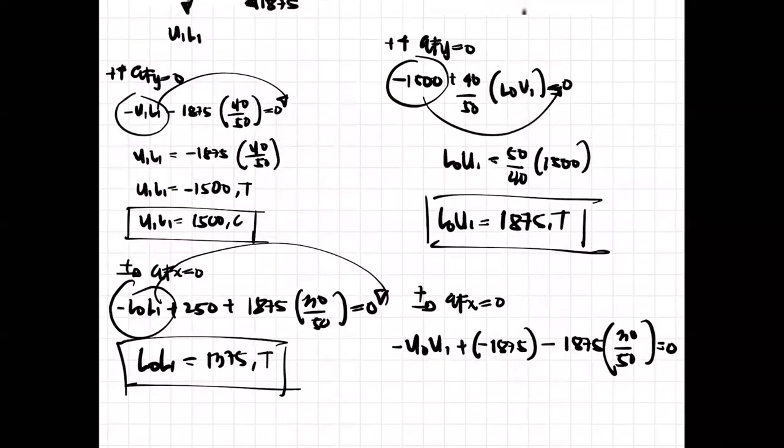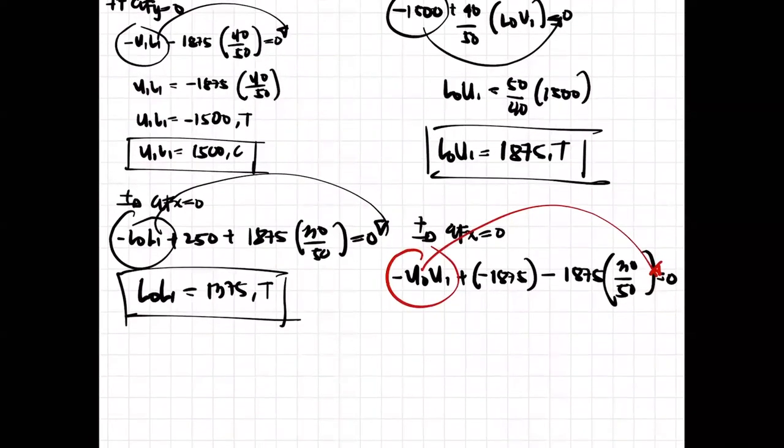Is equal to 0. So what gonna do is, no, transpose natin yung UOU1 to become positive. UOU1 is equal to the numerical value of this. That is negative 1875 minus 1875, okay, times 30 over 50. Okay, that is negative 3,000.